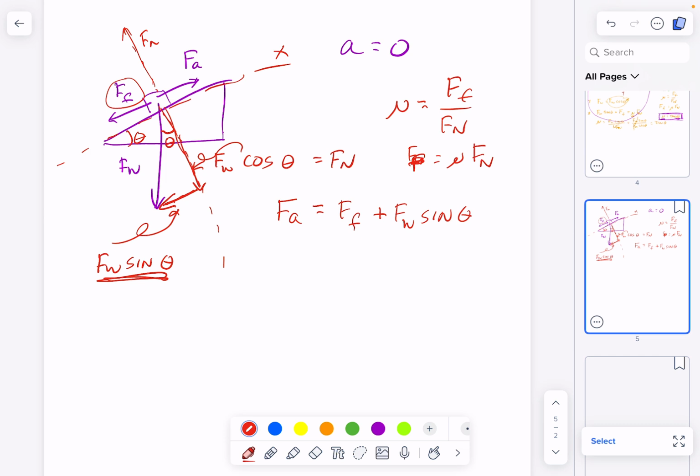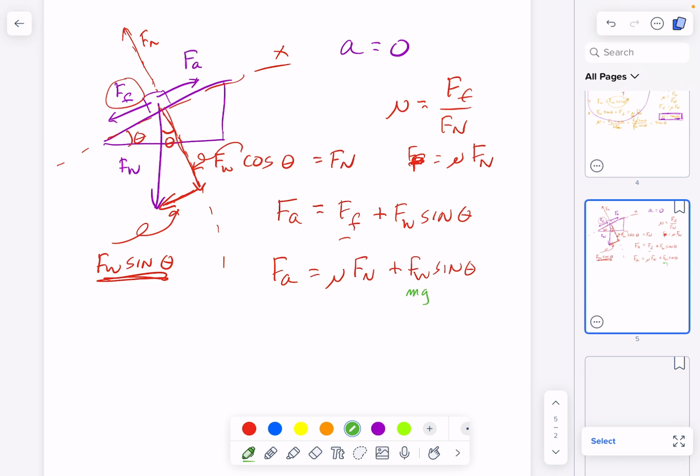And we can substitute that in right here. So we get my applied force acting up the plane is mu F sub n plus F sub w sine theta. And of course, F sub w is mg. And I could substitute mg in for Fw.